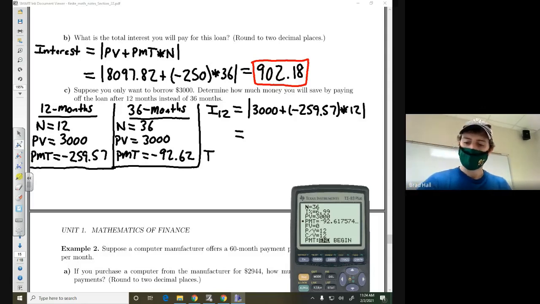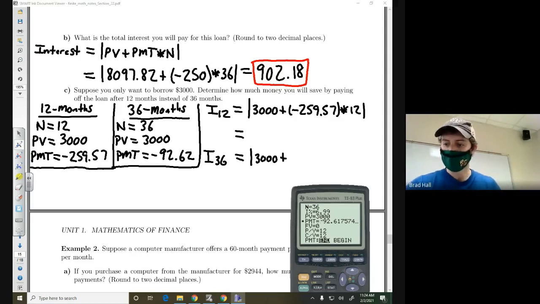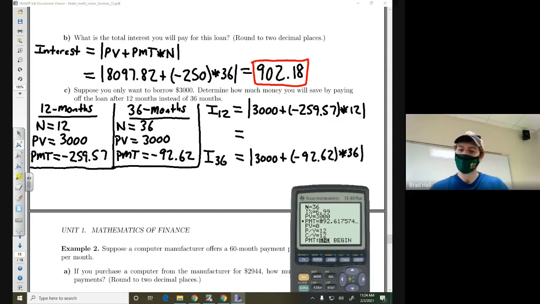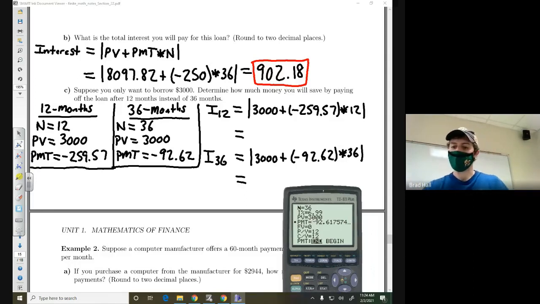And similarly, I could do the same thing for if I would have paid it off in 36 months. 3,000 plus negative 92.62 times 36. We can figure out both of these interest values separately.